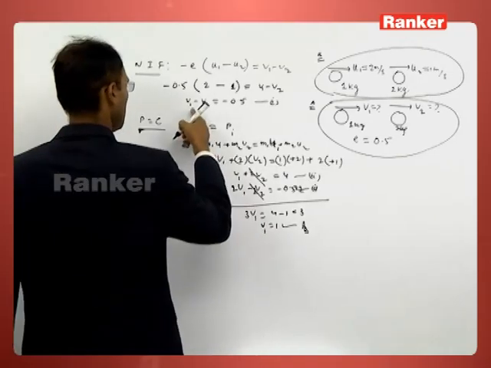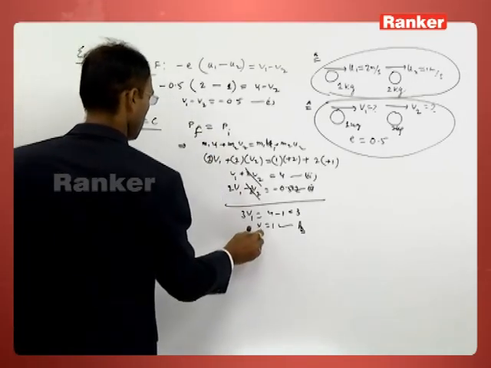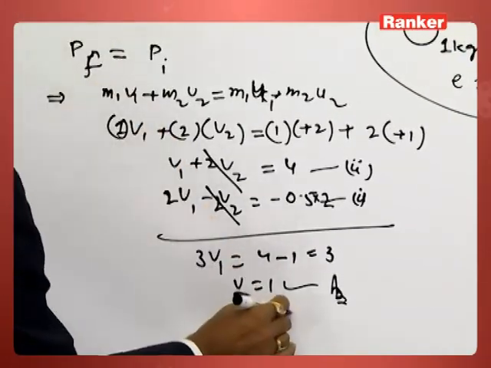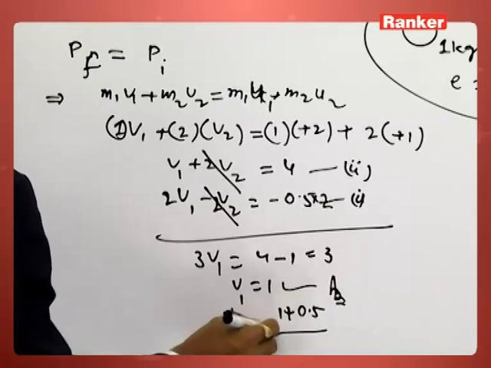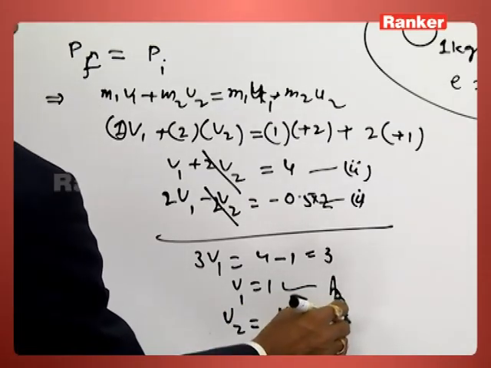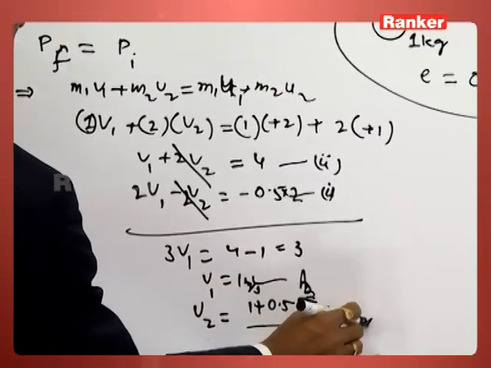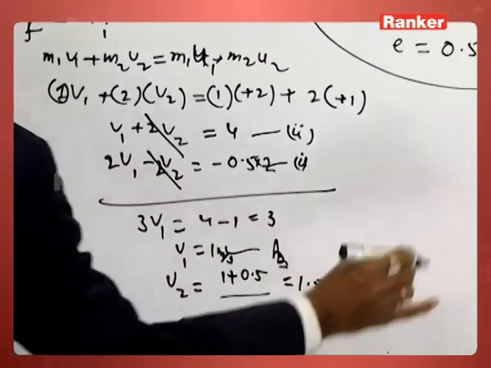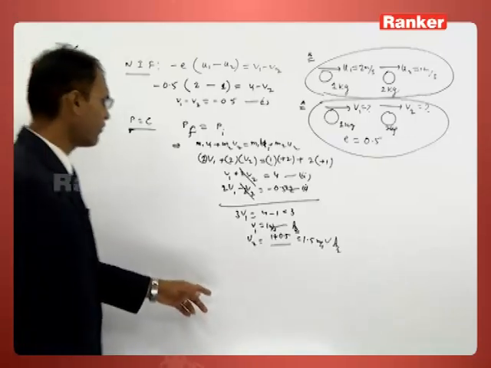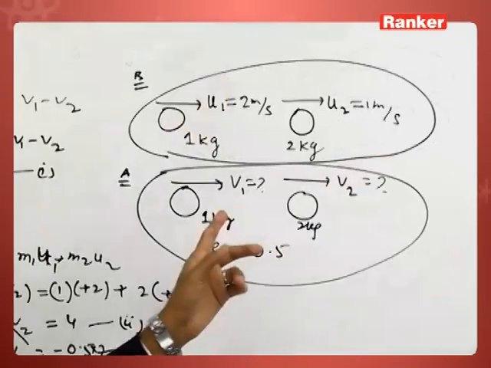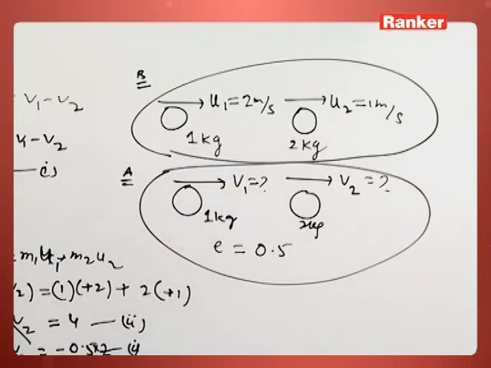If v1 is equal to 1, v2 will be 1 plus 0.5, that is equal to 1.5 meter per second. So, the bodies will move with velocities 1 meter per second in positive x direction and 1.5 meter per second in positive x direction.